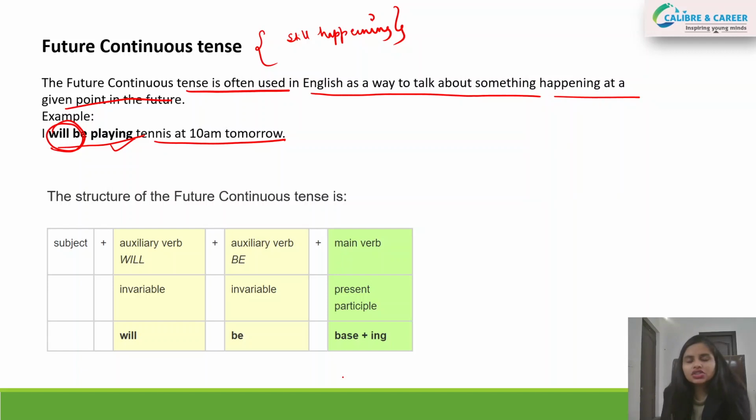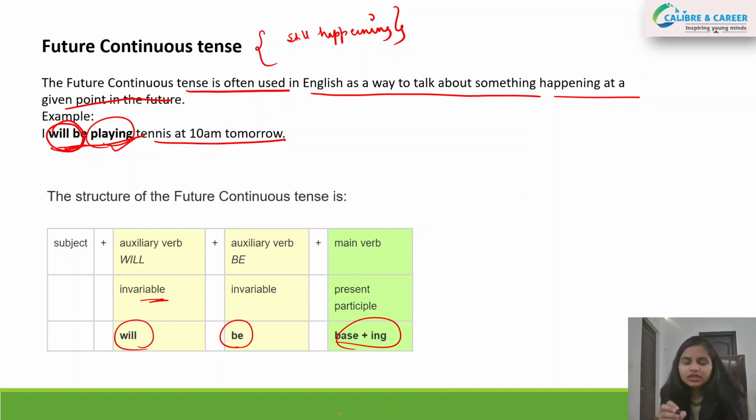Now the structure of the future continuous tense: it will be subject plus will plus be, your auxiliary verb, that is will be, plus base plus ing. So will be playing: play with ing, that means main verb base form plus ing will be used.